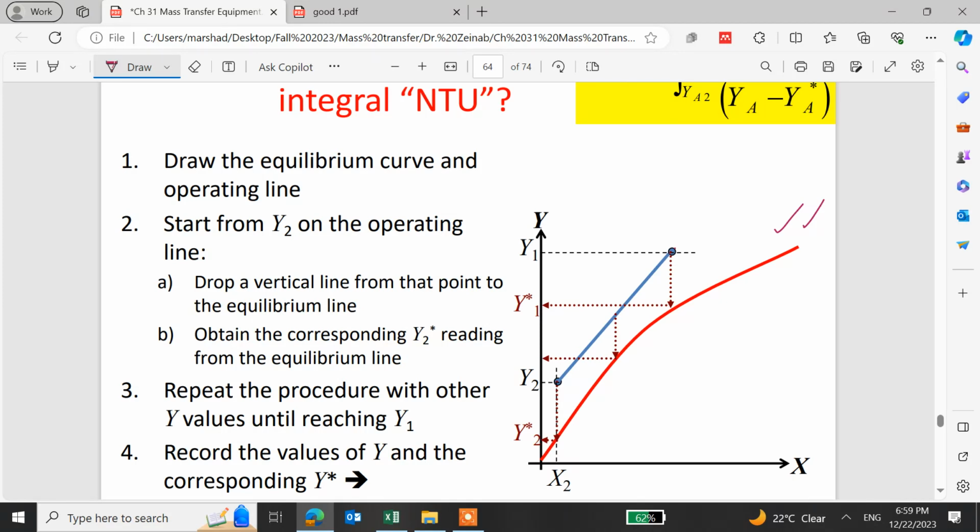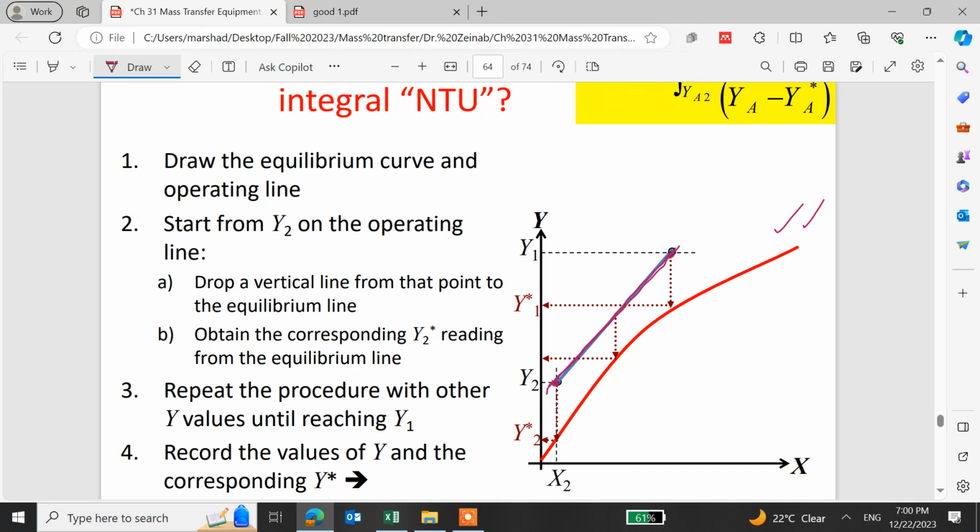So from where to where you want to reduce. Y2, X2 and Y1, X1 should be given, or you will use material balance to find them. Once you know these two data points, Y2, X2 and Y1, X1, you can connect them with a straight line.